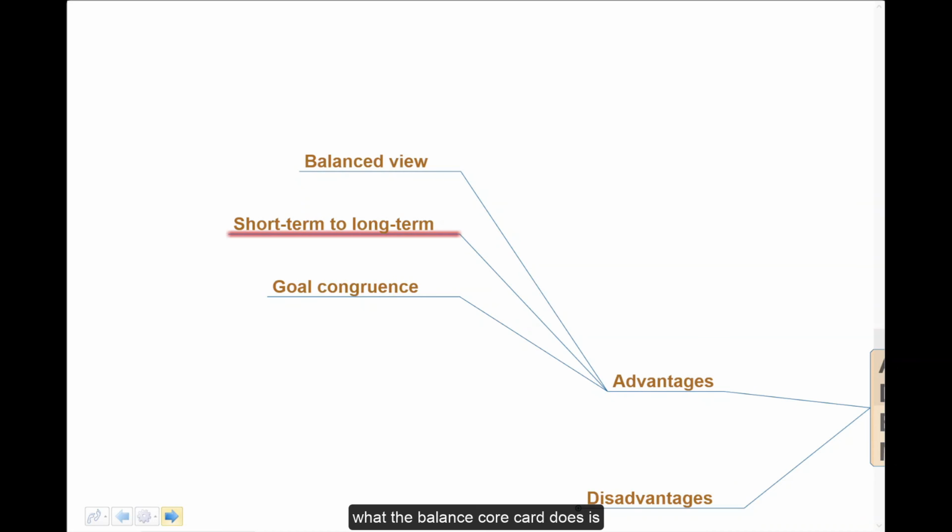Certainly what the balanced scorecard does is encourage a more long term view. Absolutely. Think about it. If we're talking about metrics such as market share, that's very much long term. If we're talking about learning and comparing, let's say, new products launched this year or revenue from new products this year to last year, that's a longer term view than next week.